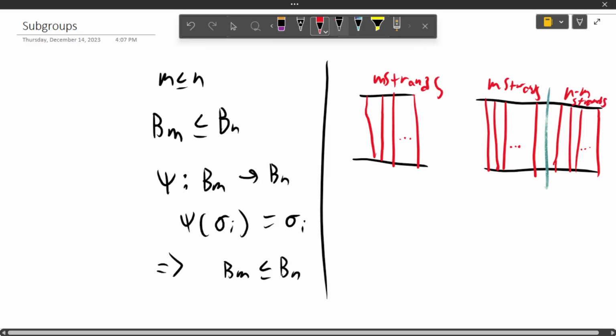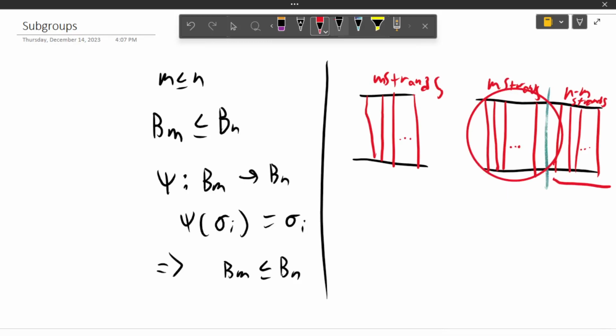So if we imagine all the braids that leave these fixed and unchanged, but that twist these strands over here, then we can see how we get a subgroup. Because any operations we do twisting only the left set of strands, ignoring the right set of strands, while combining other types of braids where the right set of strands are ignored, will have closure, and we'll also have inverses and identities and all the stuff we'd associate with groups and subgroups.